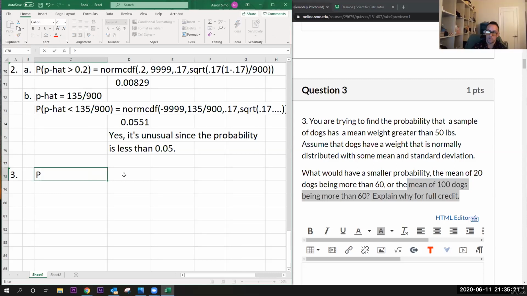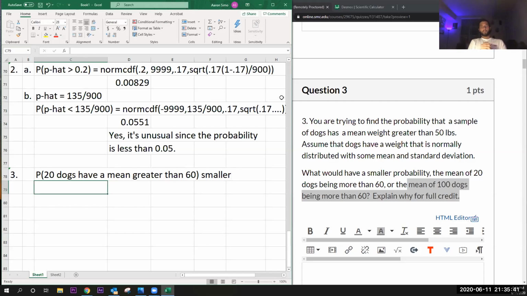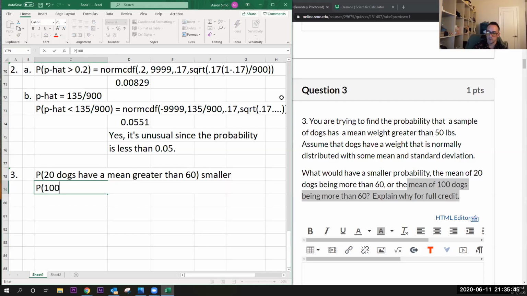So you're saying the probability that 20 dogs have a mean greater than 60 is smaller than the probability that 100 dogs have a mean greater than 60.